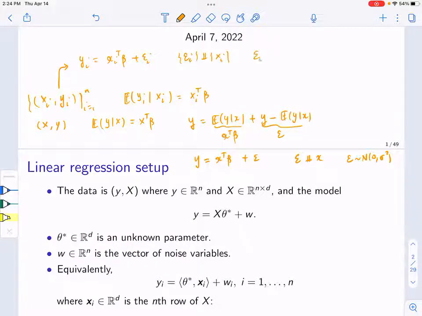And the epsilon i's are, for example, normal. Not standard, but this is the simplest version of the model. And then oftentimes in this course, we're going to assume that we condition on the xi's, or the xi's are fixed. So the only randomness is in epsilon i.